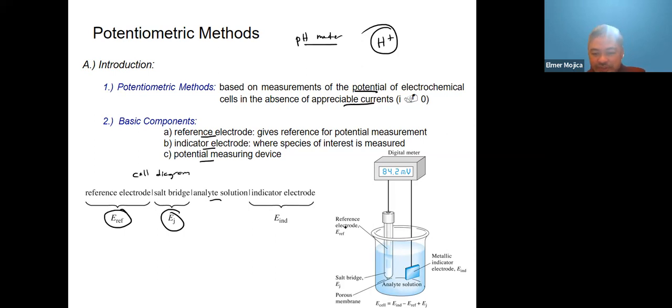So meron nandyan yung reference electrode, yung indicator electrode, and then we have the salt bridge. Okay? So dyan natin makikita yung potential na makukuha niya is just equals to this side minus this side. Because we could say this is your cathode and this is your anode side. So, kaya nag-review tayo because this is still an application doon sa tinatawag nating electrochemical cell.